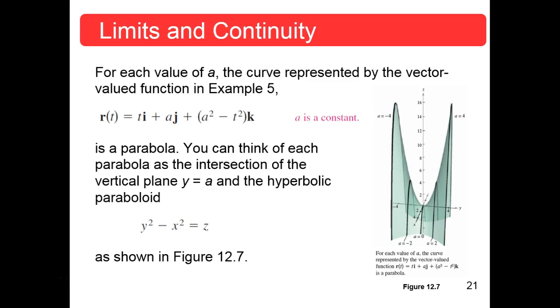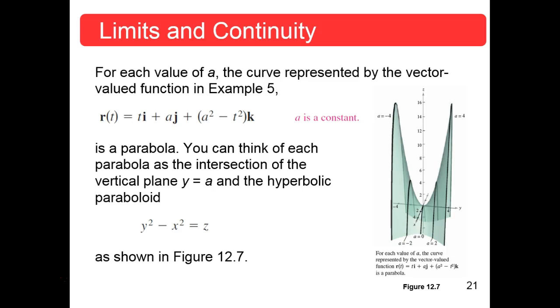Here's this arm of it, the other arm is back there. But if a is some other constant, say 2, then the y is equal to 2 plane here. It never leaves that plane because it doesn't go anywhere else. Well, that's the parabola here, because then it would be ti plus 2j plus 4 minus t squared k.